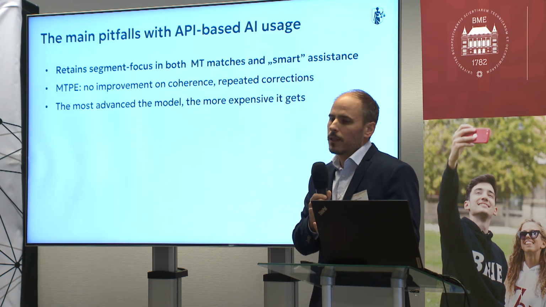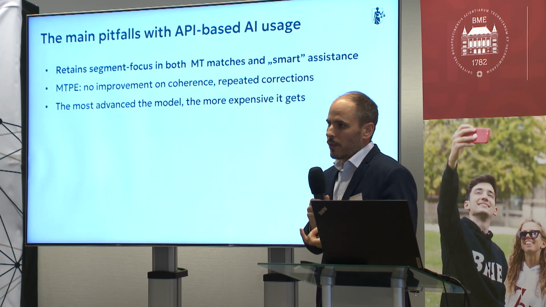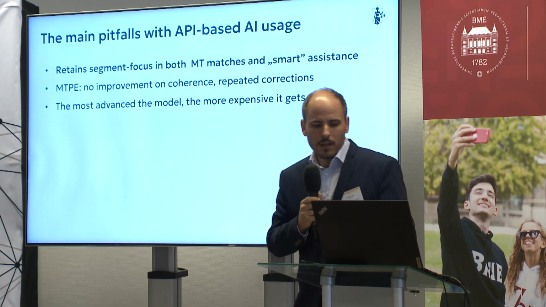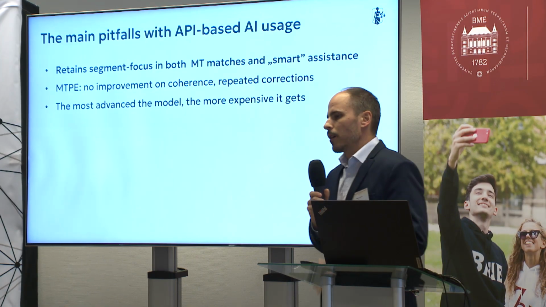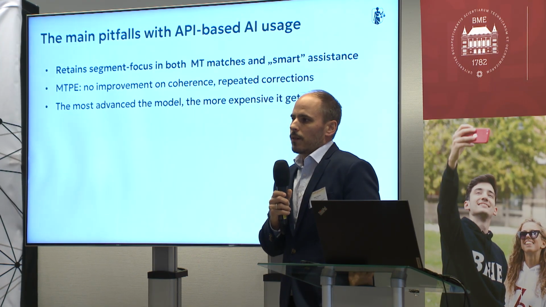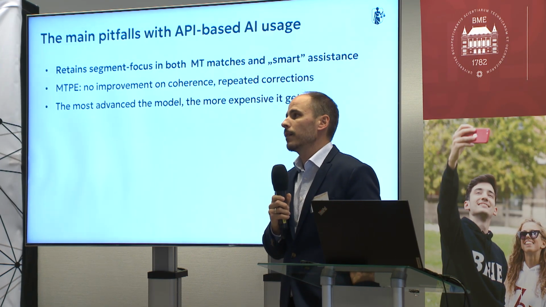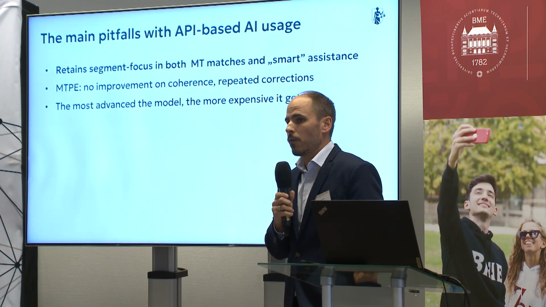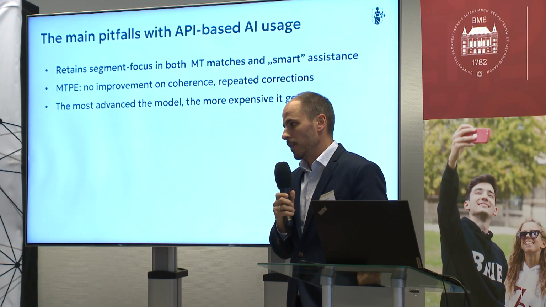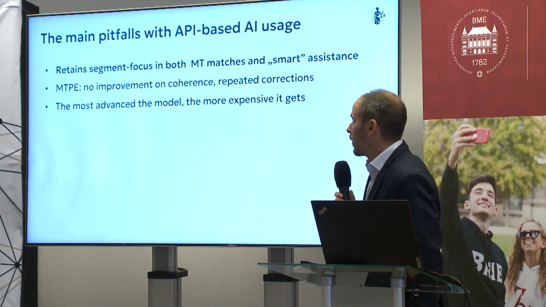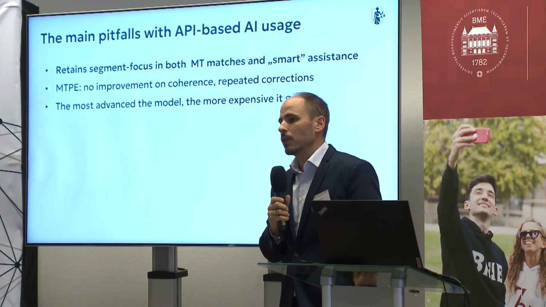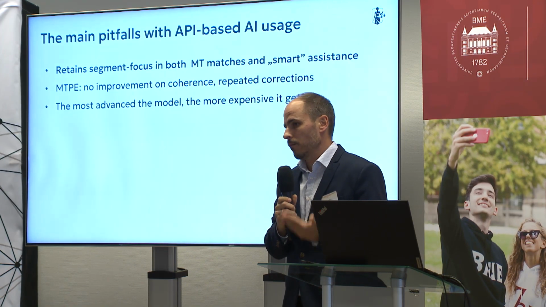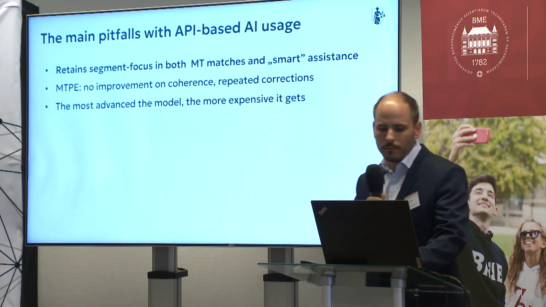Or you use it in an embedded way, in an integrated way. That's when API comes into the picture, because service providers sell APIs for a usage-based fee. So if you want to use AI or MT in your CAT tool, you will pay as much as you use it.